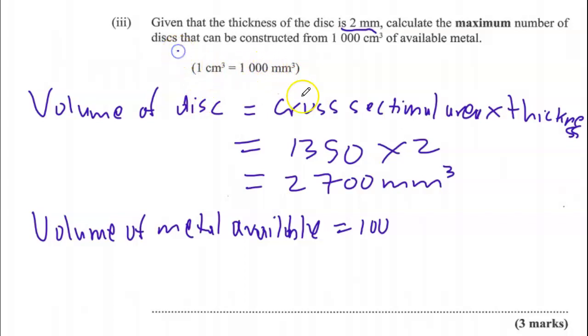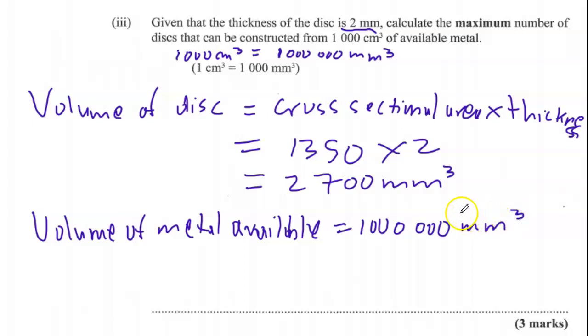So I multiply both sides by 1000, and 1000 times 1000 is a million. So the volume of available metal would be 1,000,000 millimeter cube.